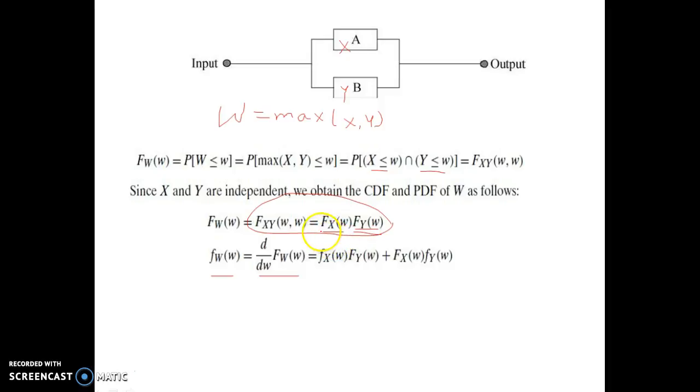Then if we keep this term constant, that is the CDF of X evaluated at w, and differentiate the other term, we get the CDF of X evaluated at w into the PDF of Y evaluated at w. So we obtain the PDF and the CDF of the maximum of the two independent random variables.